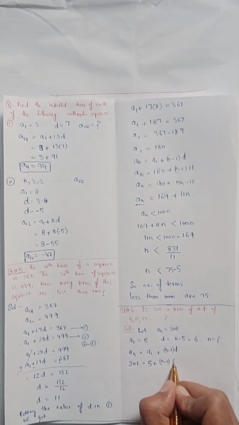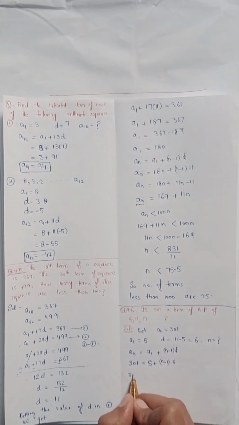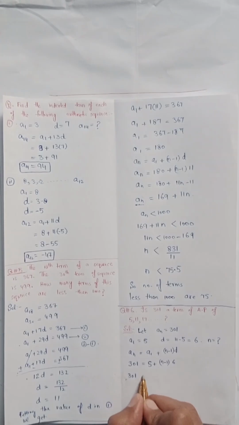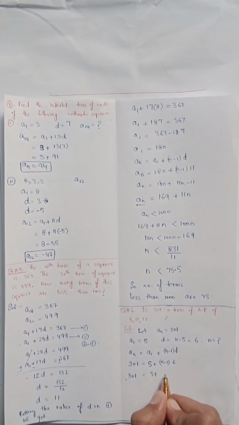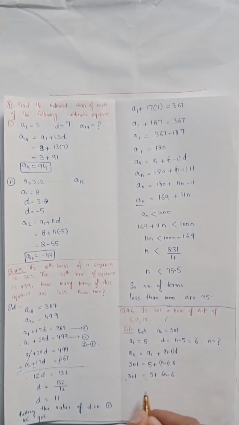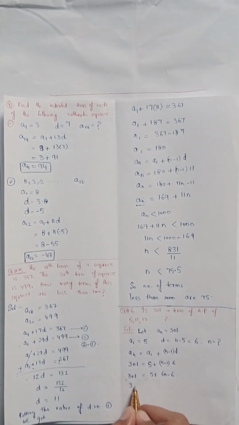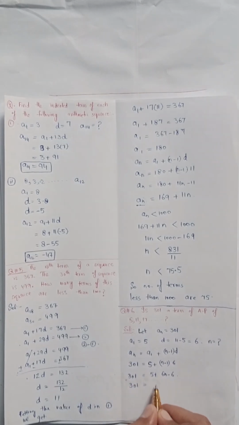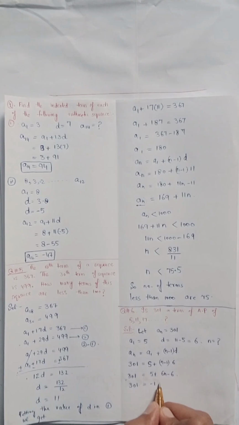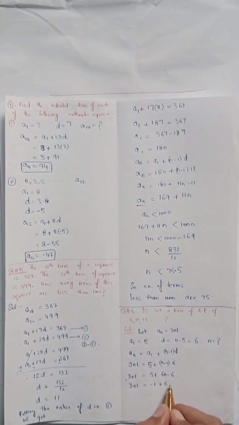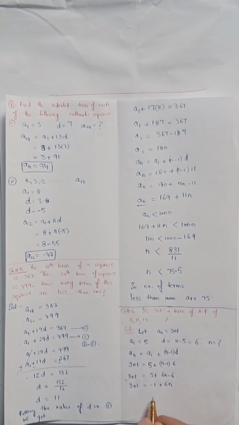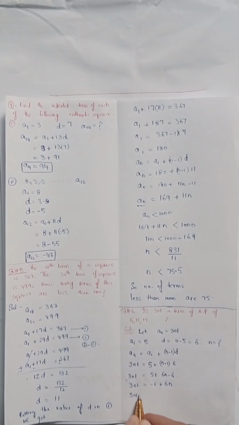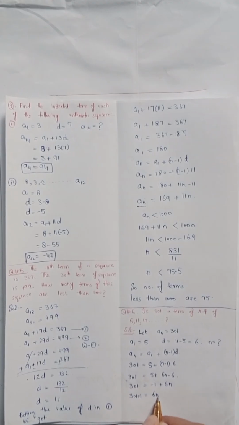So 301 equals 5 plus 6n minus 6. 301 minus 1 plus 6n, and 301 plus 1 equals 6n. 6n equals 302.